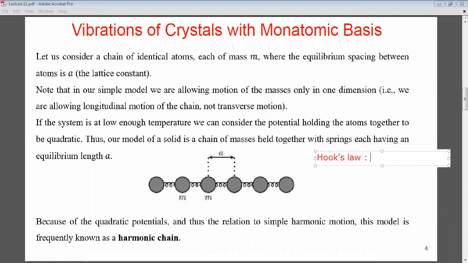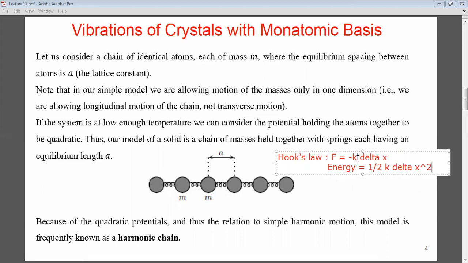If you remember it, the force is equal to minus K delta X. That is, if I have a spring and I compress it slightly or elongate it slightly, I can get the force F by the formula minus K delta X, and we could calculate the energy to be half K delta X squared. So this is what we mean by saying that the potential holding the atoms together will be quadratic. The energy will be quadratic.